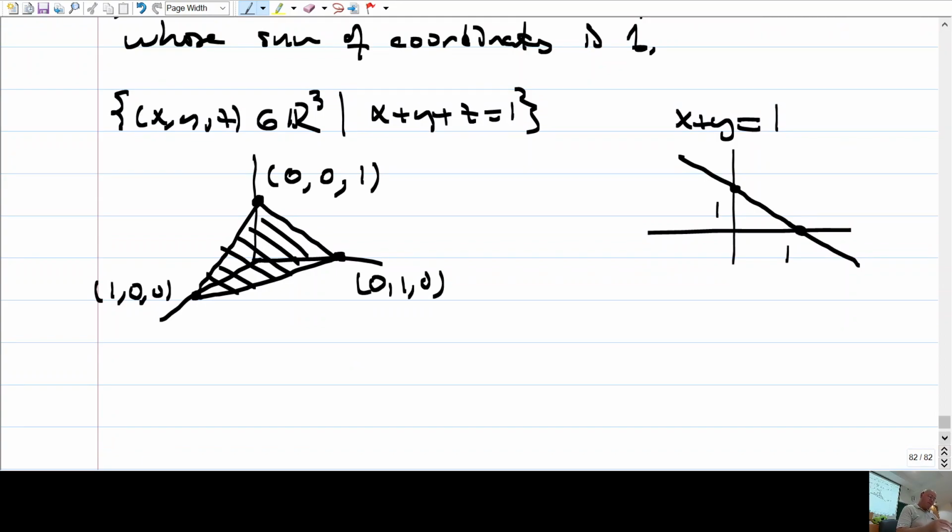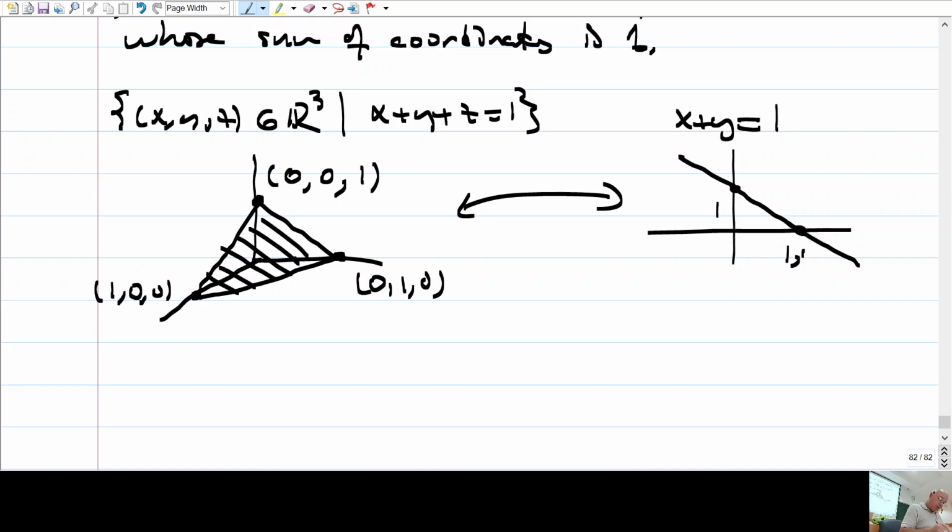But, I mean, you may just consider the analogy between this and this picture, right? Here you have x plus y equals 1. It is the line containing these 2 points. Here x, y, z added up equal 1. It is the plane containing these 3 points.